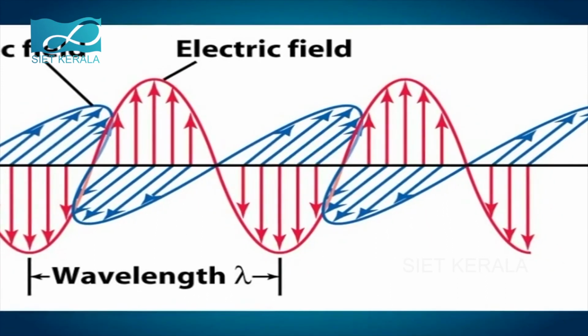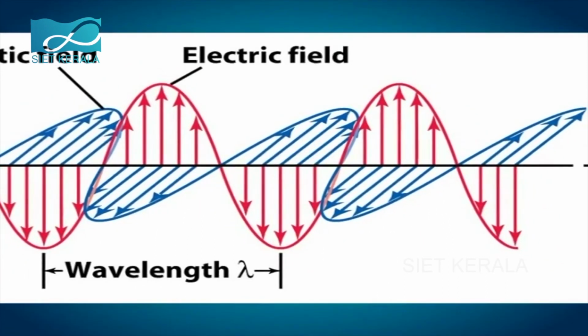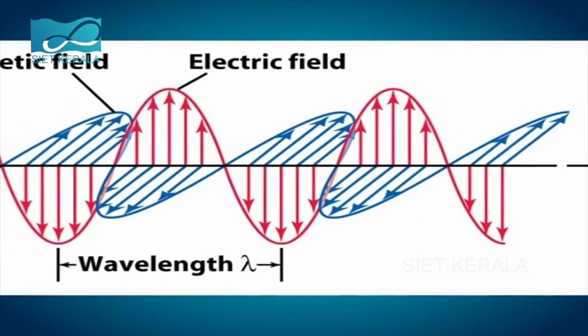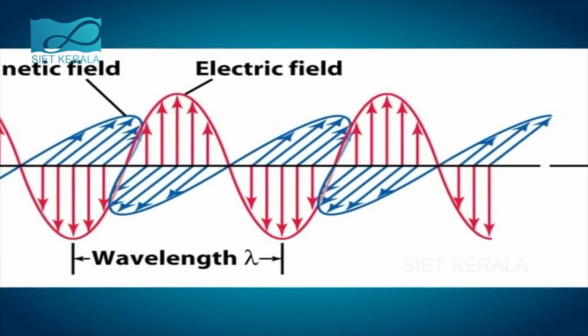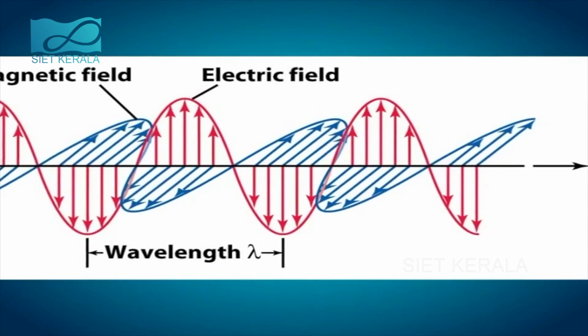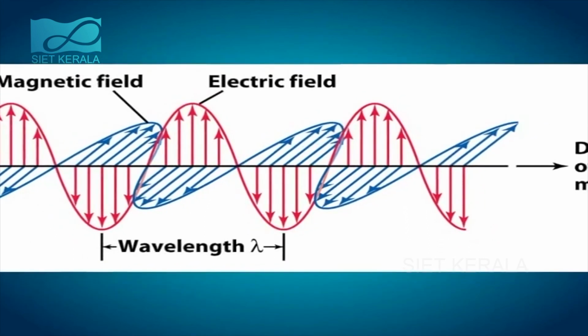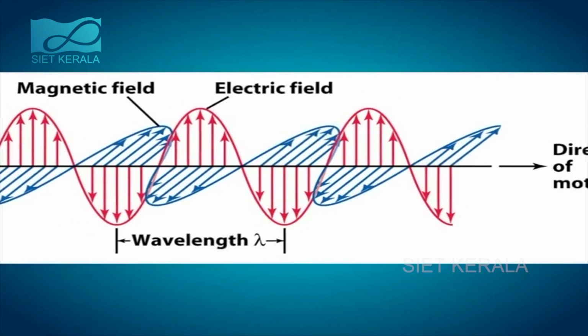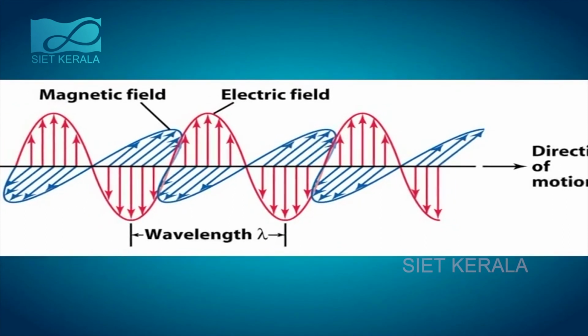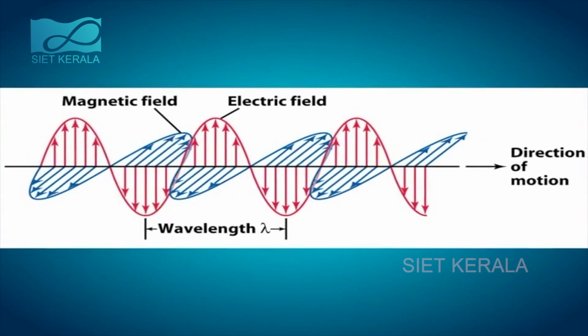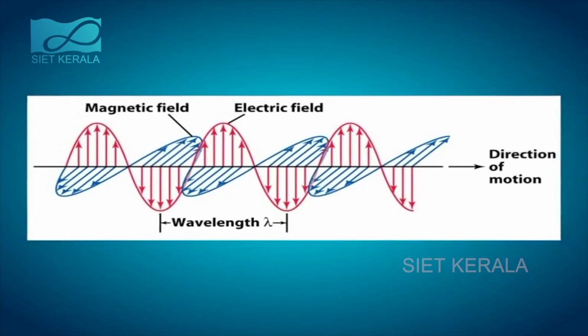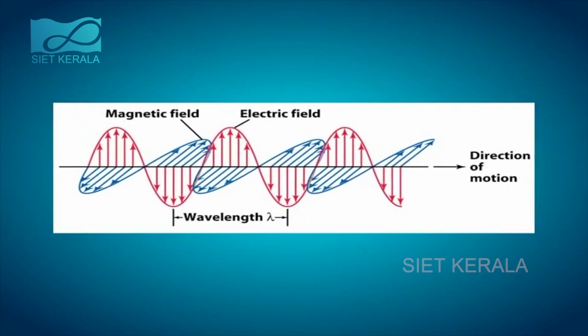Maxwell's equations demonstrated that electricity, magnetism, and even light are all manifestations of the same phenomenon, namely the electromagnetic field. His work in producing a unified model of electromagnetism is one of the greatest advances in physics.